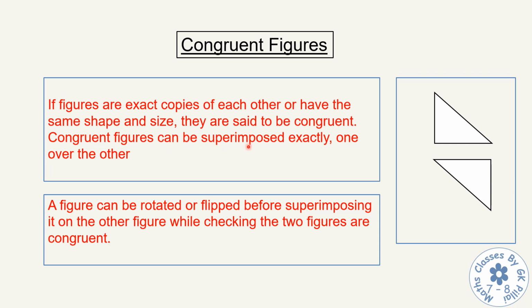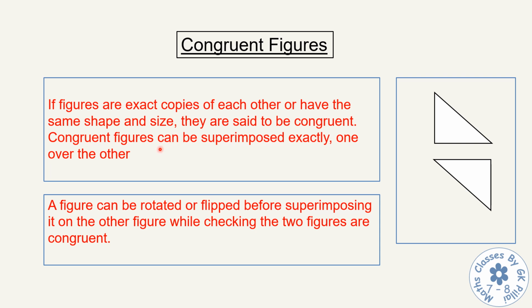The meaning of this is, if you take this one and place it over this, that is called superimposition. Then this should exactly coincide with this. Let me repeat this. If figures are exact copies of each other or have the same shape and size, they are said to be congruent.